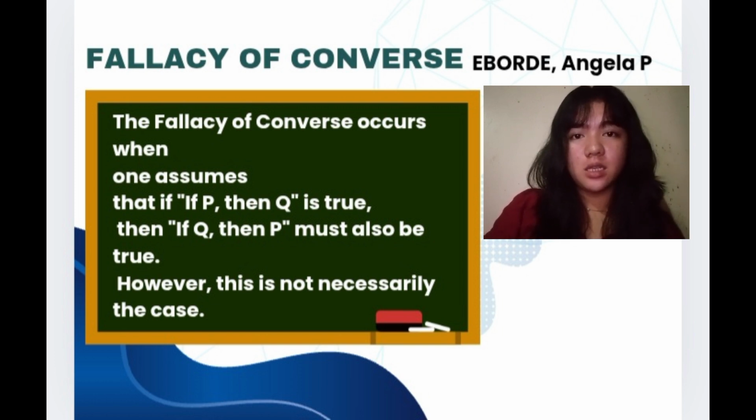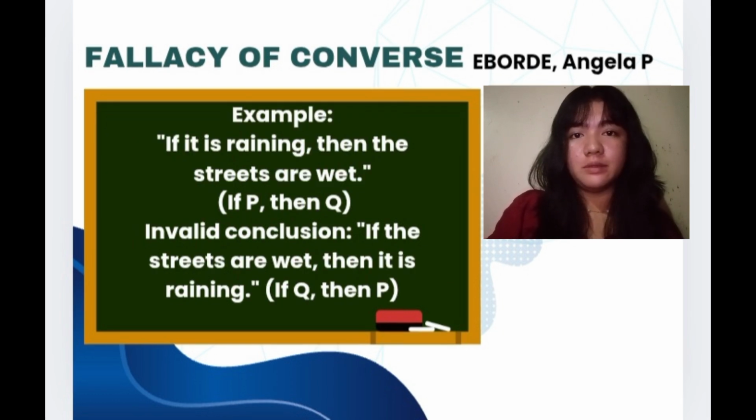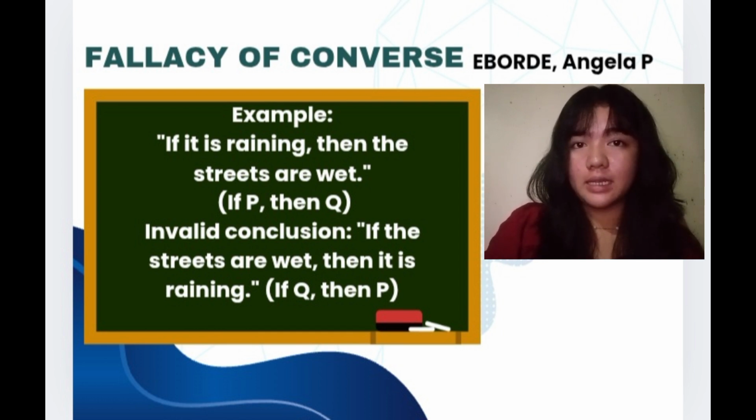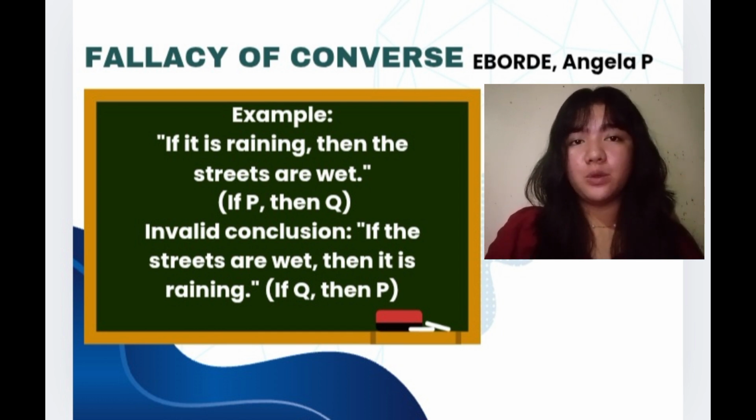However, this is not necessarily the case. For example, if it is raining, then the streets are wet. If P, then Q. Invalid conclusion: if the streets are wet, then it is raining. If Q, then P. So it is invalid, or not necessary.